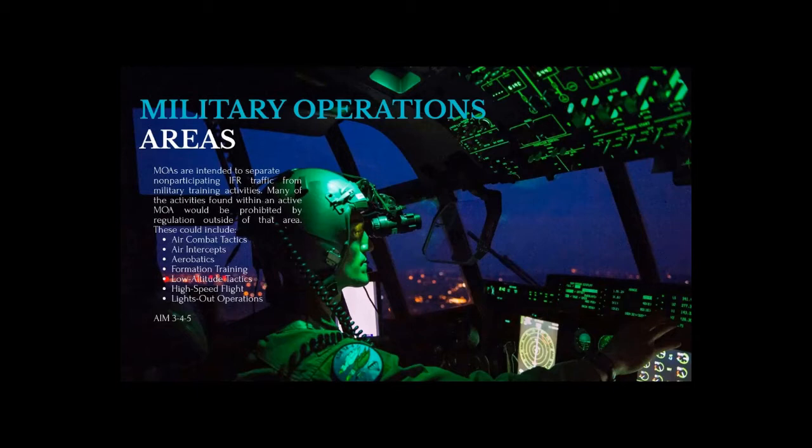If you know there's an active MOA, you might as well treat it like a restricted area. You're not going to be cleared through it in most cases. So if you're planning a route of flight, this is a place you would benefit by planning around, either vertically and or laterally.